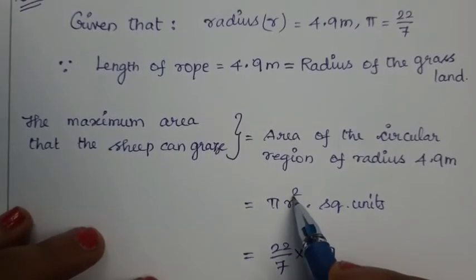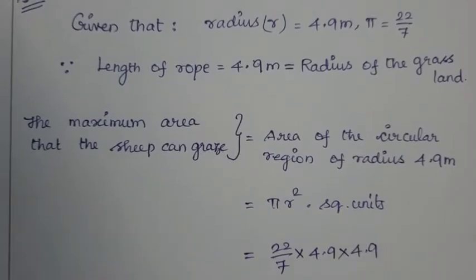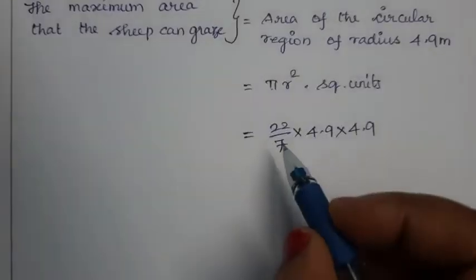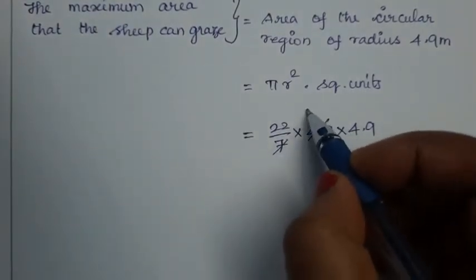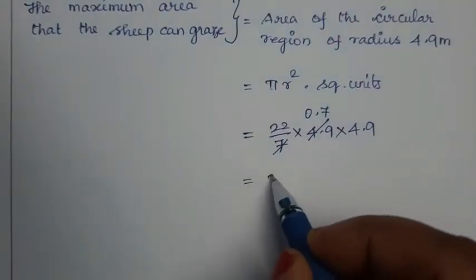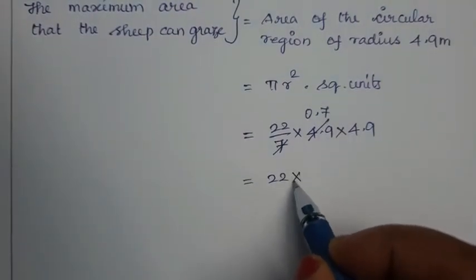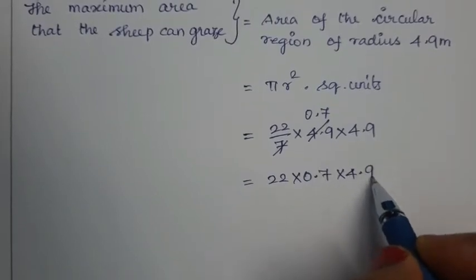Here r squared means we should multiply 4.9 two times. By simplifying 4.9 by 7 we get 0.7, which is equal to 22 into 0.7 into 4.9.